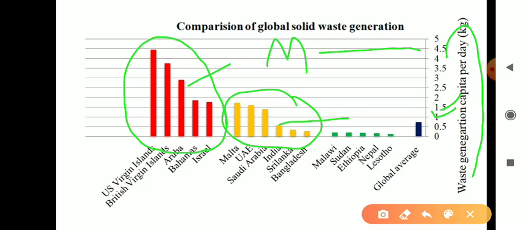One person is producing 0.5 to 1 kg. And these green countries have a low level of waste generation per capita per day, that is in kg.